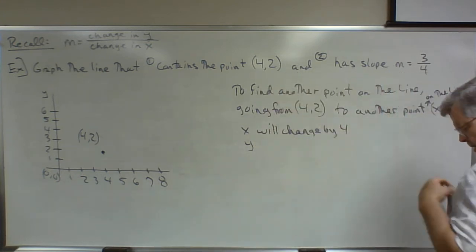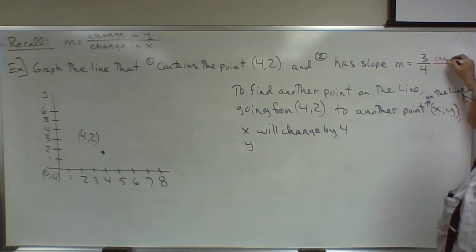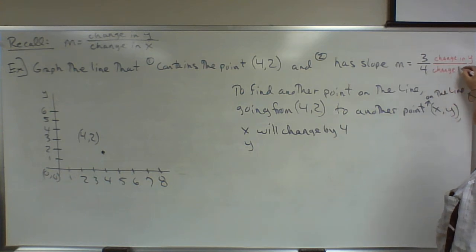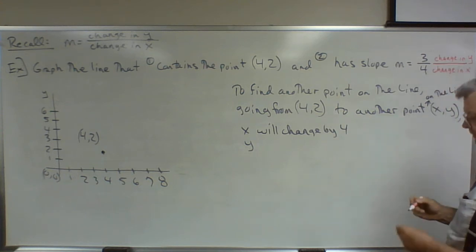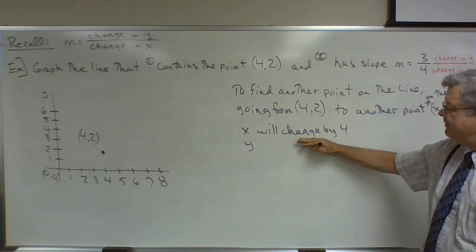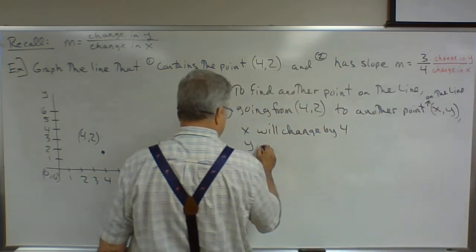Oh, you know what? Maybe I should write what this slope really tells me. Change in y, and this 4 tells me change in x. So I can find another point (x, y) on the line by making x change by 4 and y change by 3.